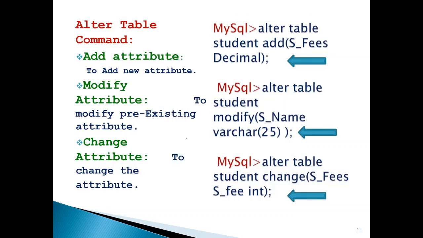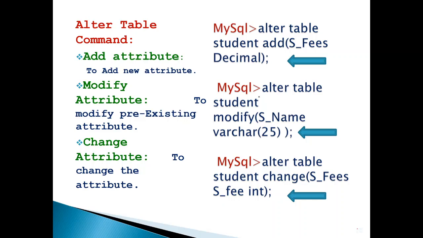Next is the alter command. With the help of the alter command you can modify, add or change the structure of a relation. The alter command can be used in three ways. First one is adding a new attribute: we write the command alter table student add, and within brackets type the name of the attribute with data type.